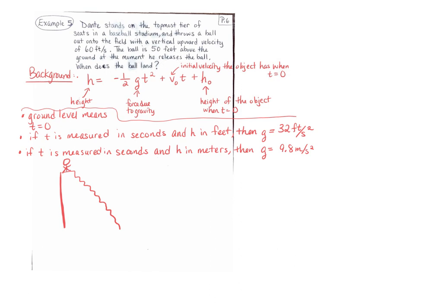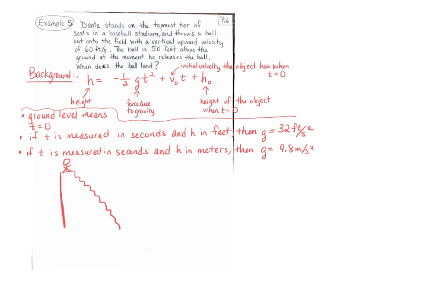So we have Dante. Dante is standing up there. And it says that Dante throws the ball out onto the field with a vertical upward velocity of 60 feet per second. And it says that the ball is 50 feet above the ground at the moment he releases the ball.